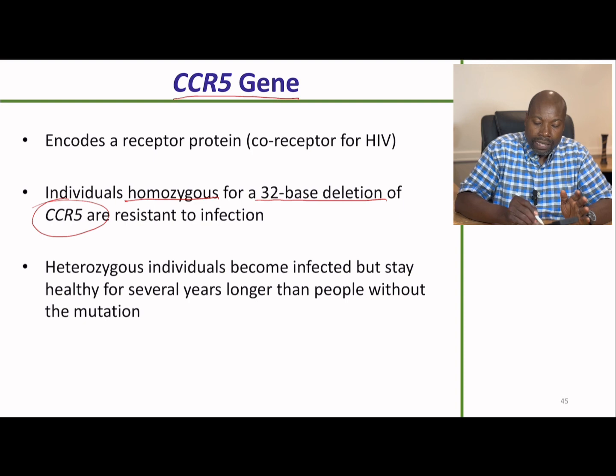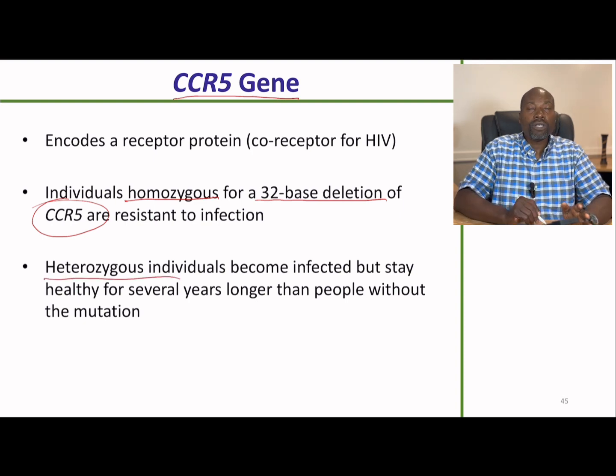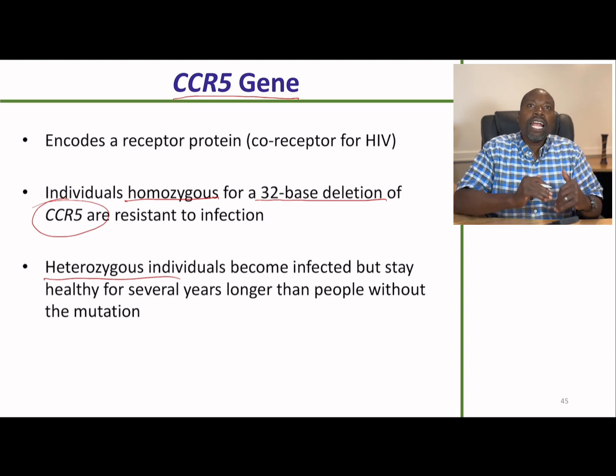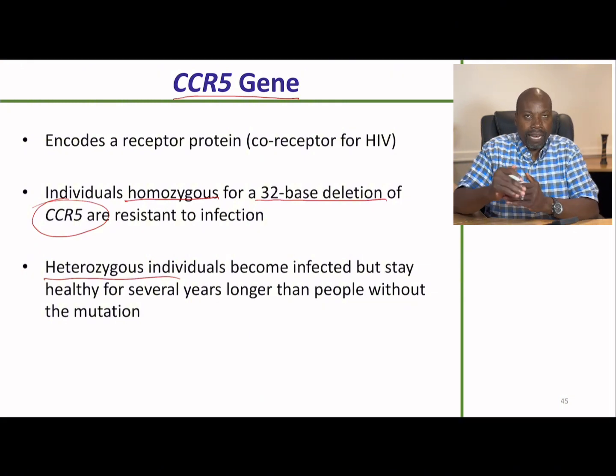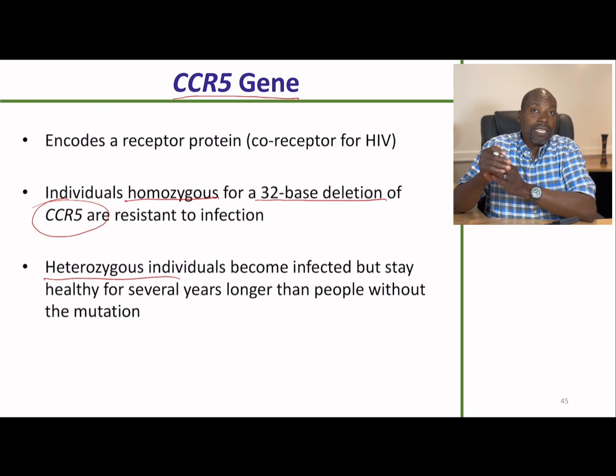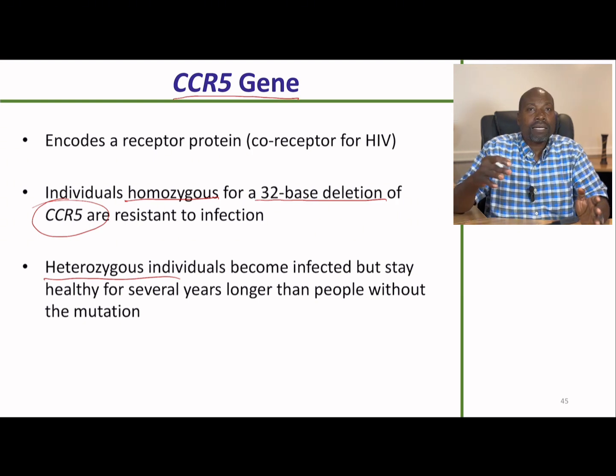However, those who are heterozygous are going to have a lower chance of being infected, even though they can still be infected. That's one. Two, when they get infected, they don't really get sick like most other people who do not have an altered version of CCR5.